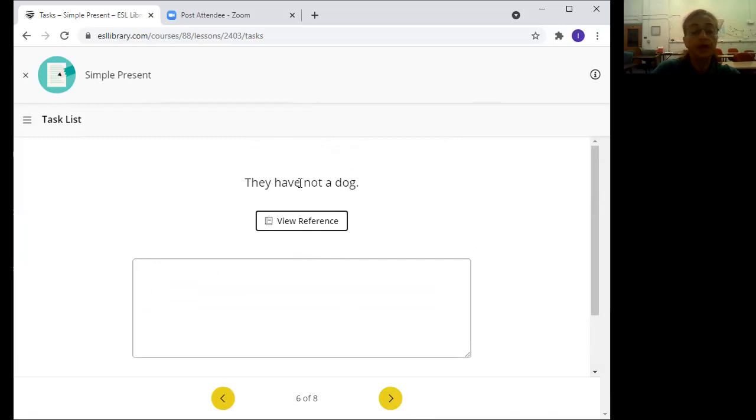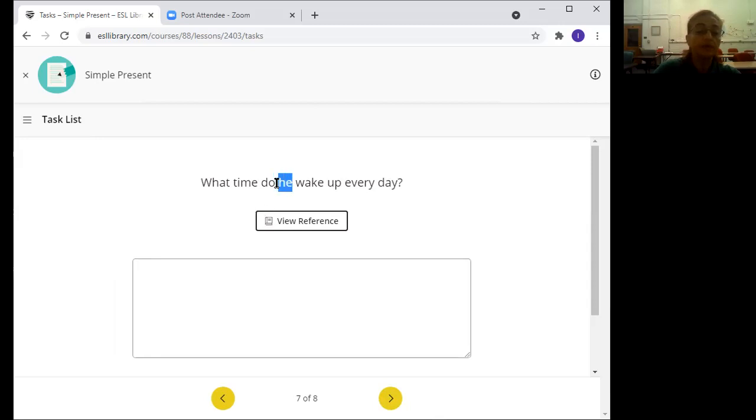Again, have is not the verb to be, so we need to use do as a helping verb. They do not have a dog, or they don't have a dog. It's the same. What time?